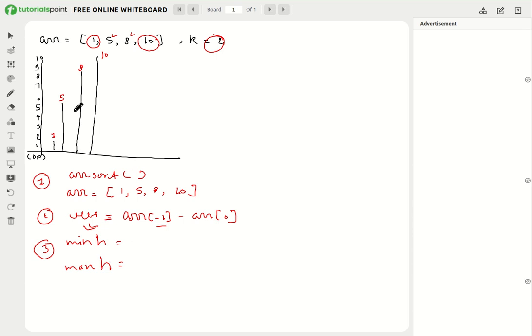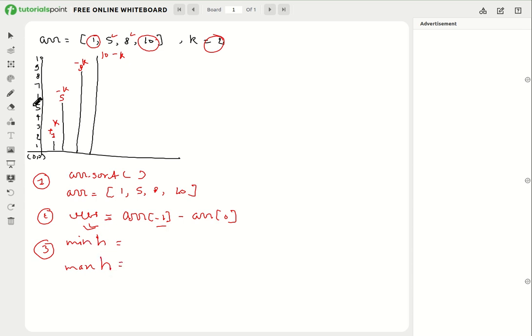For a minimum height, if we add this number k, and then we subtract this number, minus k, minus k, and minus k, right? So maybe we are doing some adjustments, some modifications there, for the minimum height of tower. And like this we can also find the maximum height of tower.